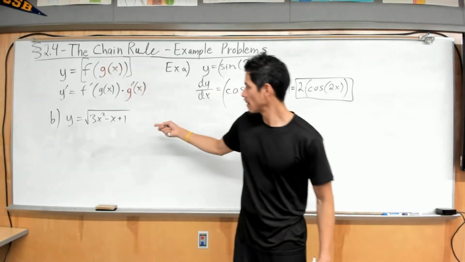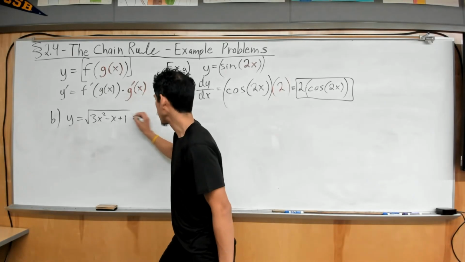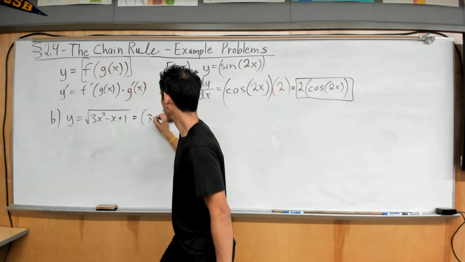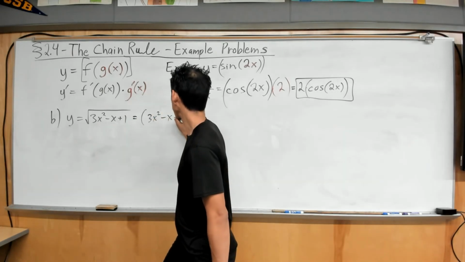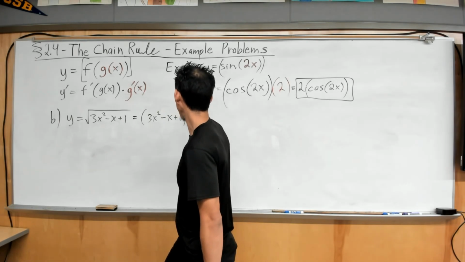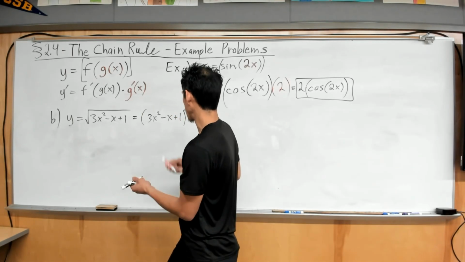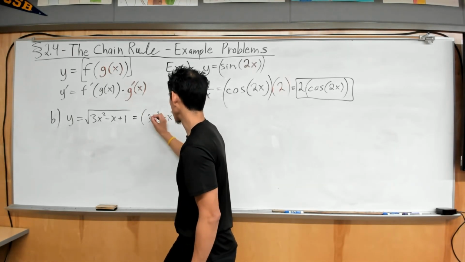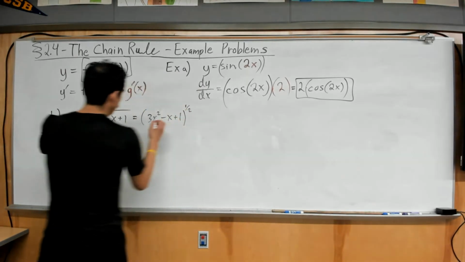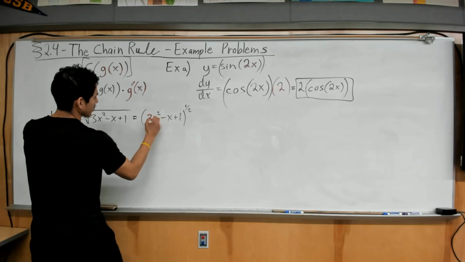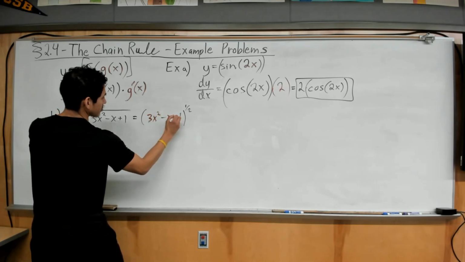Now this is the same as 3x squared minus x plus 1 to the 1/2 power, because that's the square root. Same thing. Now, what you have on the outside is the 1/2 power or the square root function, but on the inside, you have this 3x squared minus x plus 1.